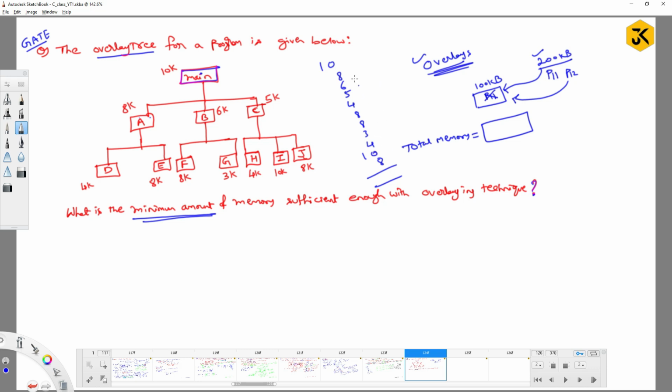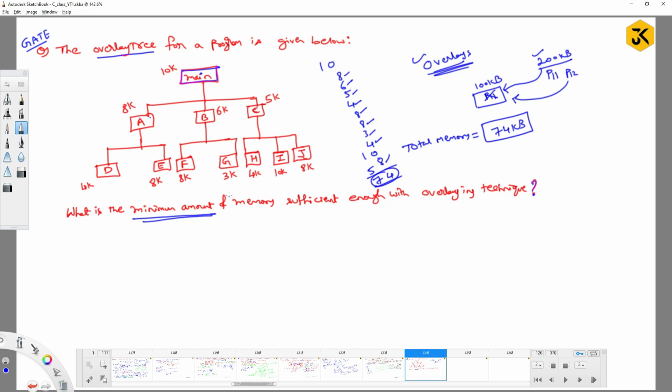That's why I have taken 8, 6, 14, 14 plus 5, 19, 19, 23, 31, 39, 42, 46 and 54. This will be total 74 KB of memory required to complete this entire program execution at a time, right?